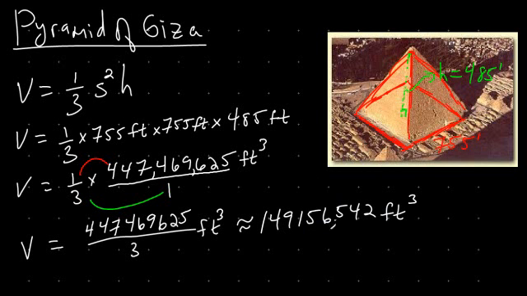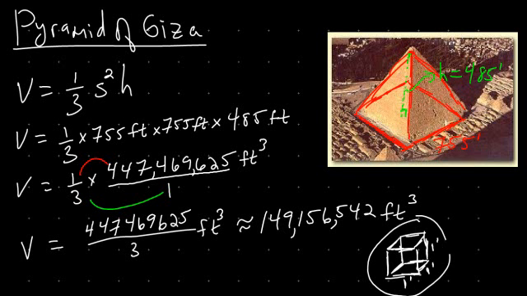So that is 149,156,542 cubic feet. And again, I want to emphasize what that means: if you had a little 1 by 1 by 1 cube, where the base is 1 by 1 and the height is 1, that's 1 foot by 1 foot by 1 foot, you could fit 149,156,542 of those into the Pyramid of Giza.